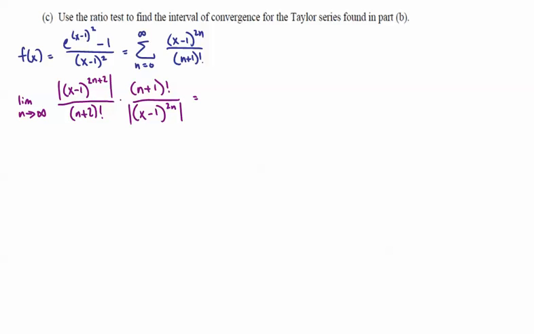We simplify that. Limit as n approaches infinity, we get n plus 1 factorial over n plus 2 factorial.